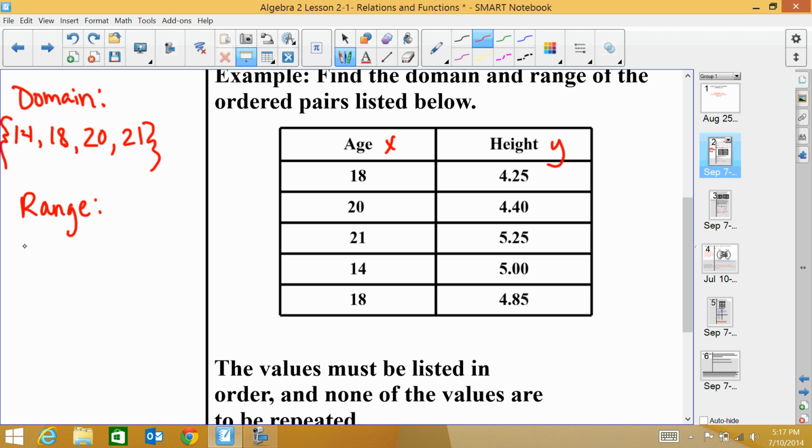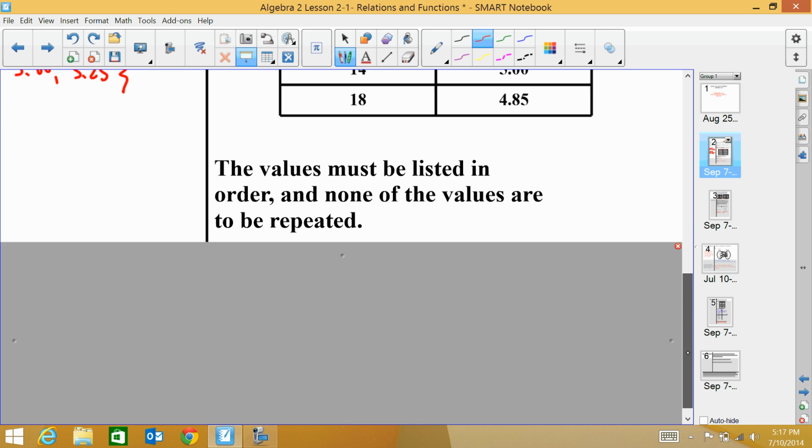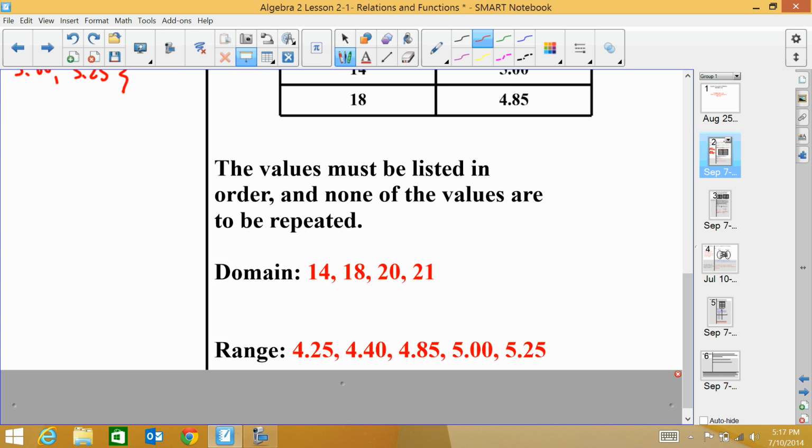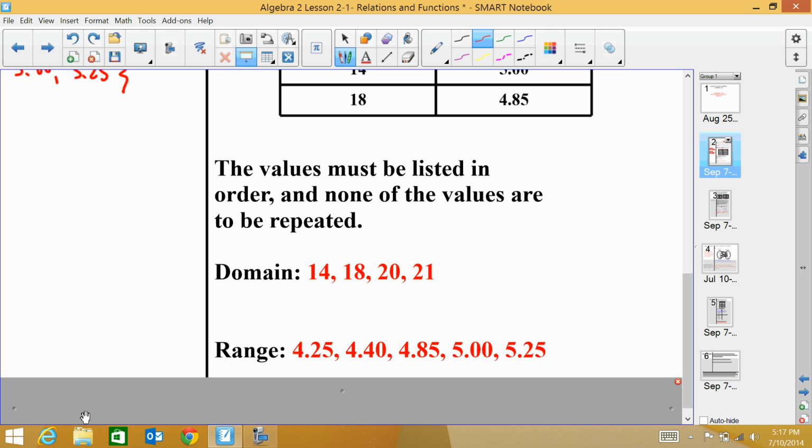So we're going to start with 4.25 and then 4.4 and then 4.85 and then 5 and then 5.25. And again, you can put the brackets on if you wish. All right, so that's pretty much it for domain and range. That's really easy. I have the answers written down here again if you'd like to double check.